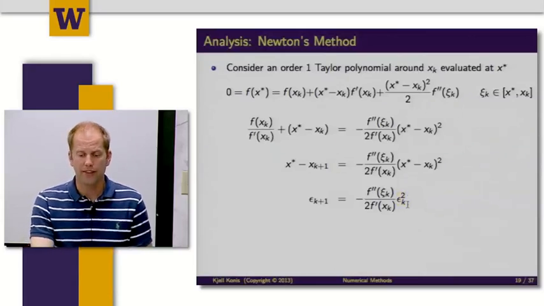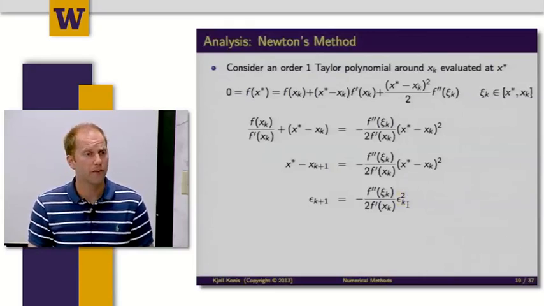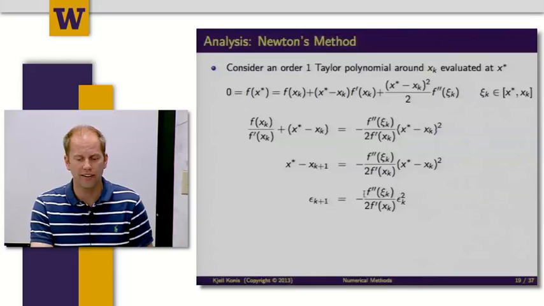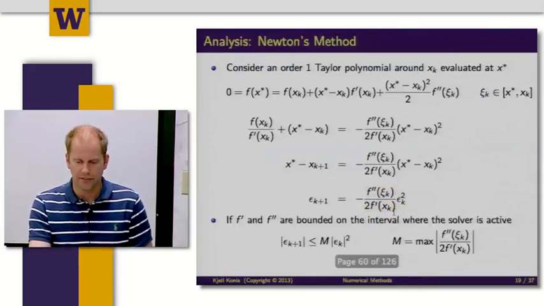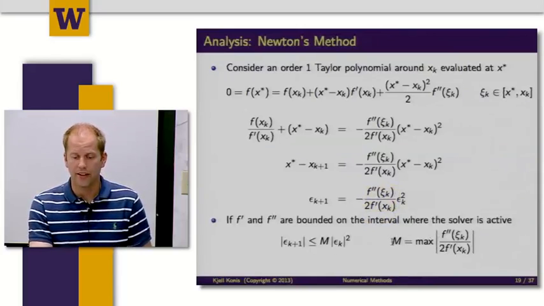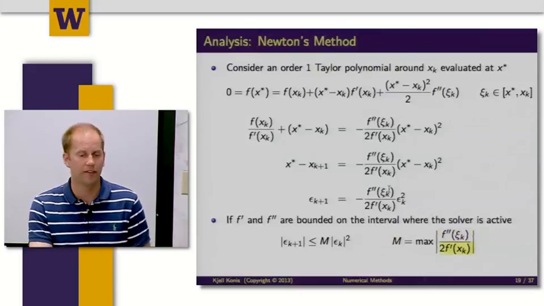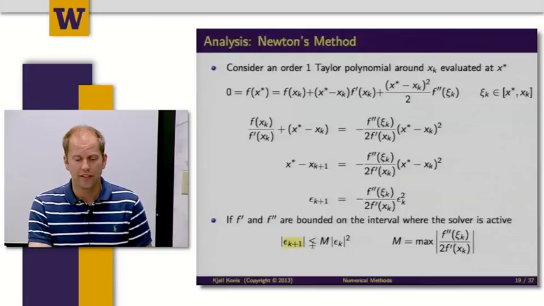And so what we want to find is, once we're within a certain neighborhood of the true value x star, what the maximum value of this thing is. So I'll let capital M be the biggest I can make this thing in absolute terms. Then the size of my error after k plus 1 steps is going to be less than or equal to M times the size of my error after k steps squared.